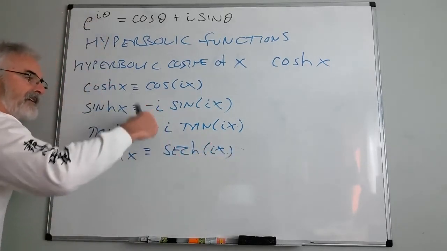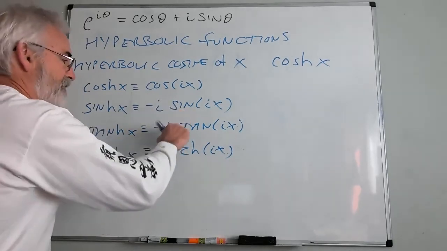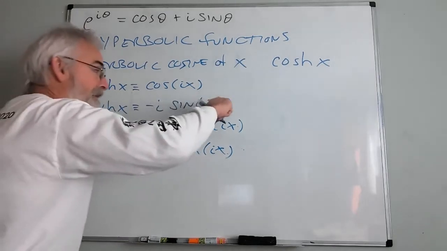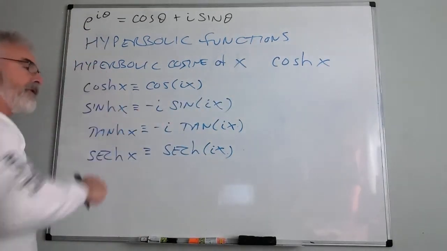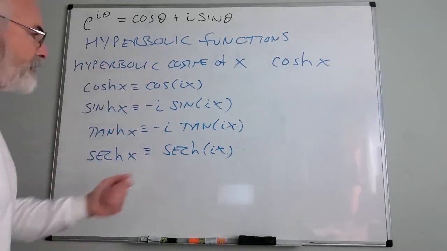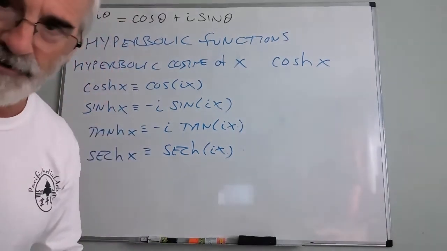These guys get negative i's in front. So these guys are usually going to return imaginary numbers. Well, no, it turns out that the sine of ix is going to be imaginary, and then when I do this, it's going to be real. So all of these return real numbers. It's crazy, but that's what it is. So these are the definitions. But that's not exactly what you're going to do when you do it in calculations every time.